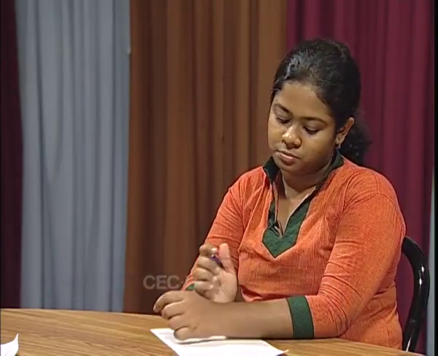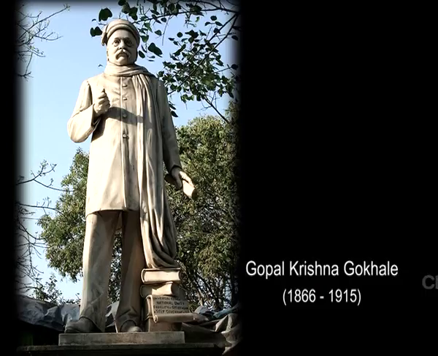So what appeared was a parasitic landlordism. It's a parasite, nothing else. According to Gopal Krishna Gokhale, about one third of the total peasantry ceased to be owners of their land and became serfs of the moneylenders. They became serfs of the moneylenders.